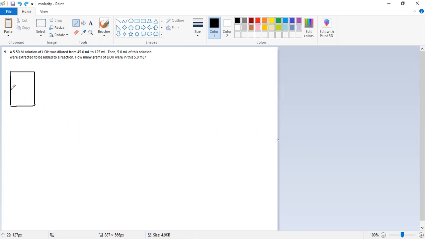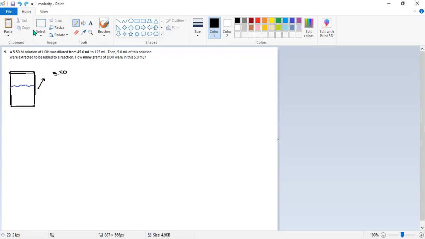so to speak, although this isn't really the form that beakers take, but we have one container within which we have a solution, and we're told that the molarity of the solution is 5.50. It's a 5.50 molar solution.